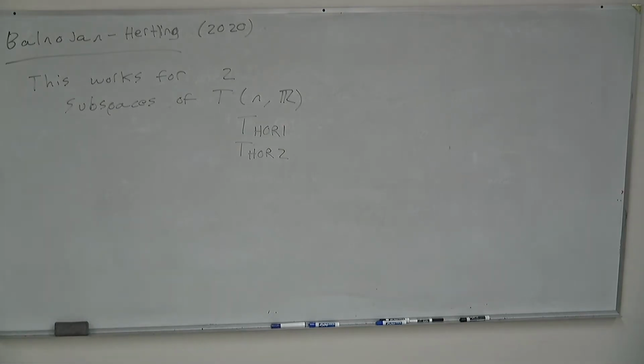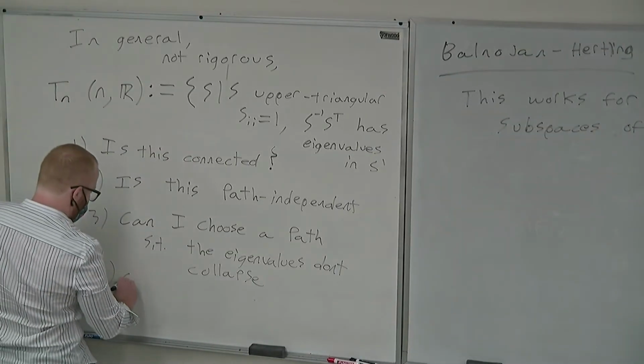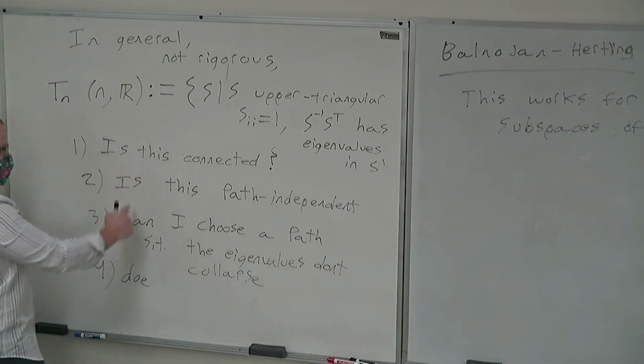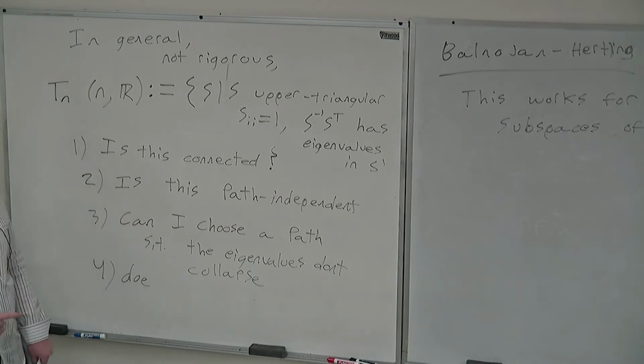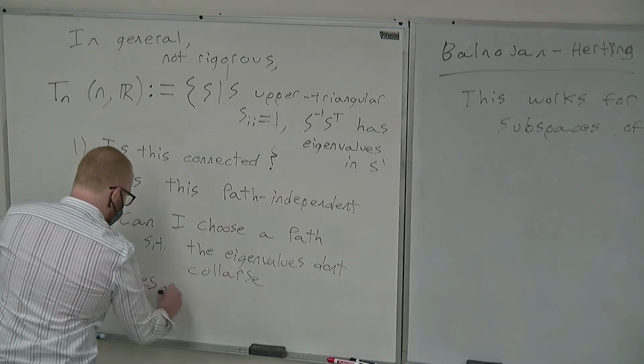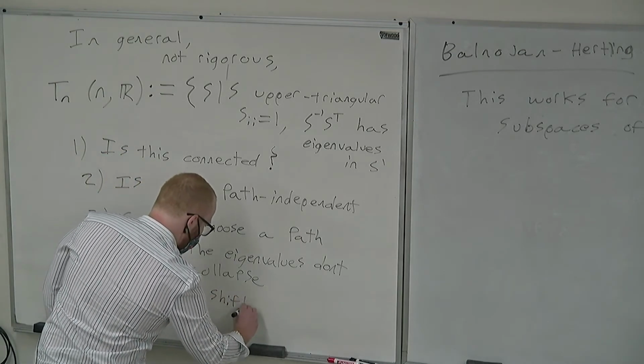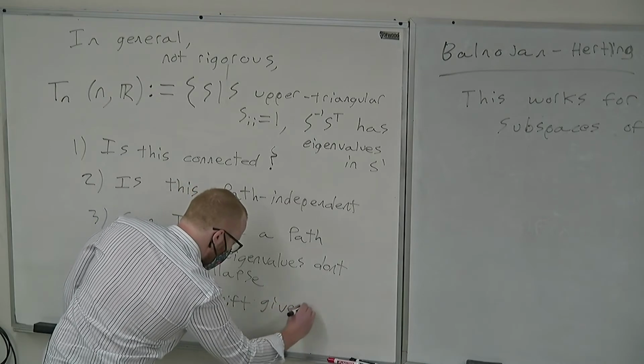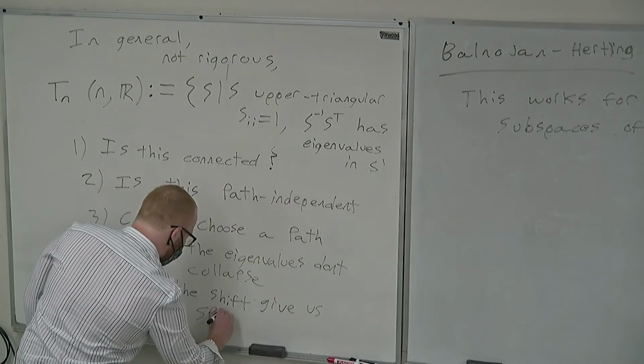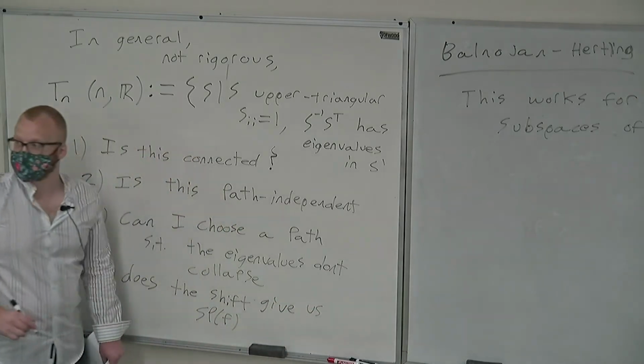Okay. And what do I mean by this works? Well, there's actually two parts to whether or not this works. I've actually forgotten to mention one last thing, which is shift. These three allow us to sort of define the spectrum of this upper triangular matrix. But there's still this question of, does the shift give us the spectrum of F?